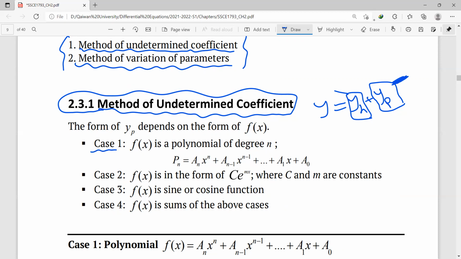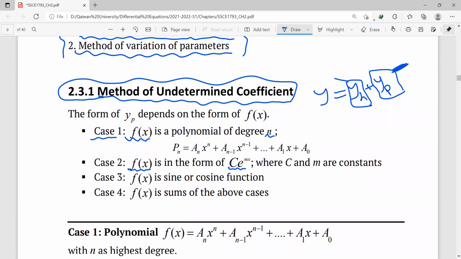In case one, for finding the particular solution yp, f of x is a polynomial of degree n, meaning the right hand side is a polynomial of degree n. In the second case, the right hand side is an exponential function. Then, if f of x is a sine or cosine function.